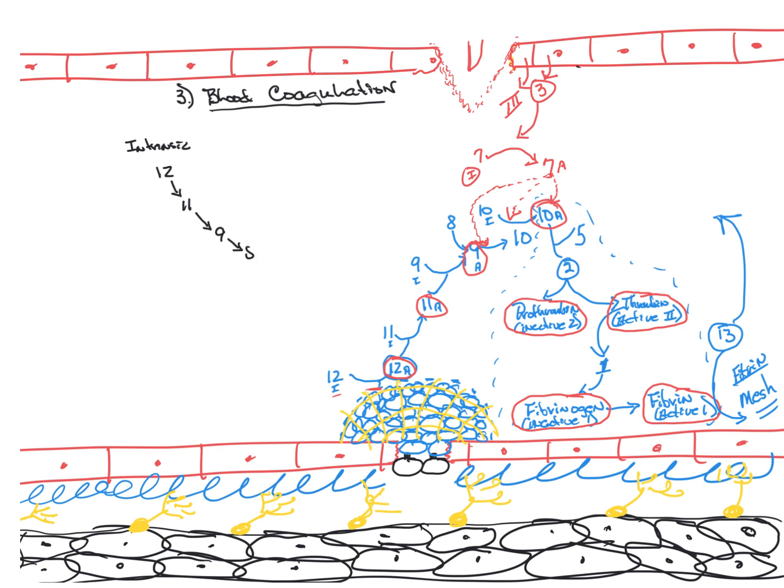Then 9, 8, and it's going to create 10. Then when inactive 10 converts to active 10, it goes with 5 to convert prothrombin to thrombin, which converts fibrinogen to fibrin.